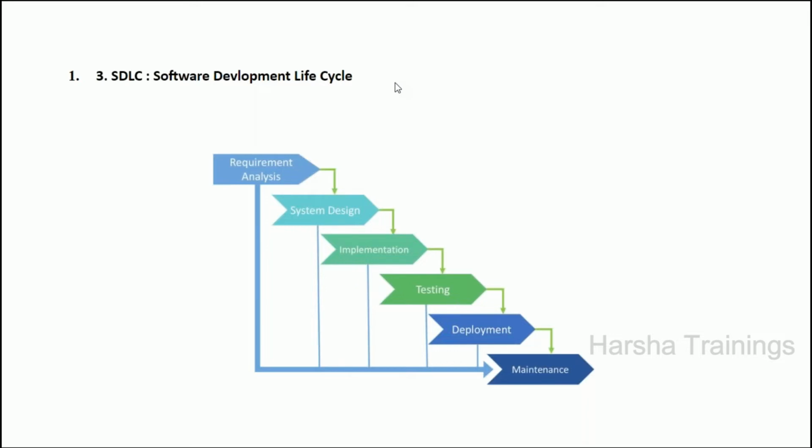Then what is the third step we need to do? Constructing the building. Implementation. Yes, exactly. Constructing the apartment. Now the third step is constructing the apartment as per the plan we designed in the previous step, system design.